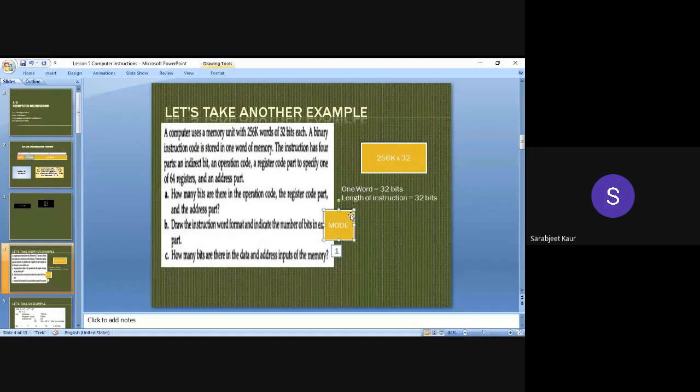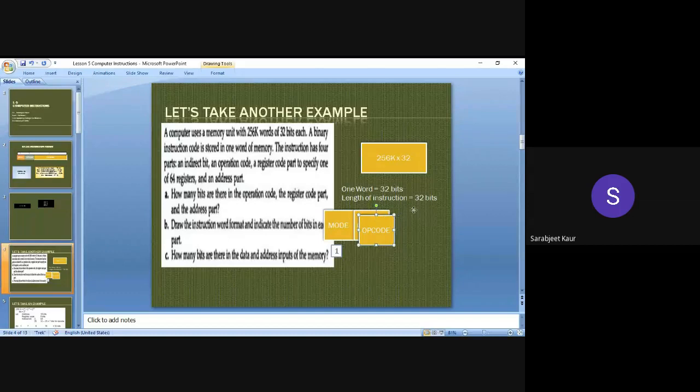So the next part is an opcode. It is an operation. So the instruction has 4 parts: one is the indirect bit, other is the opcode. Let's draw this as well. So this is the opcode. Then a register code. Now, what is a register code?